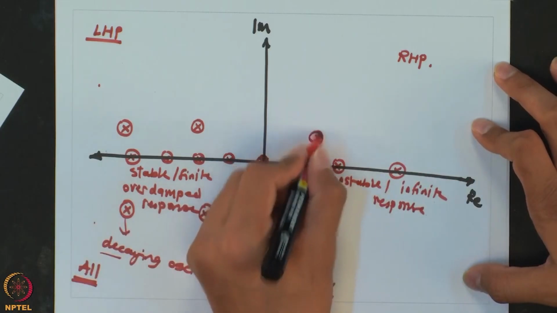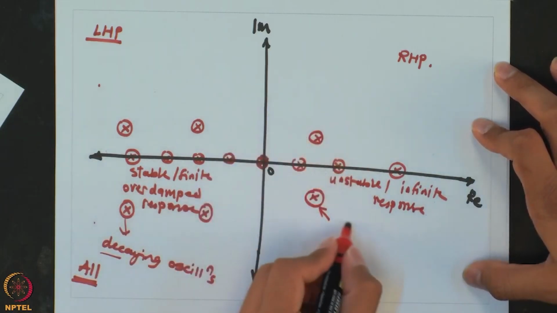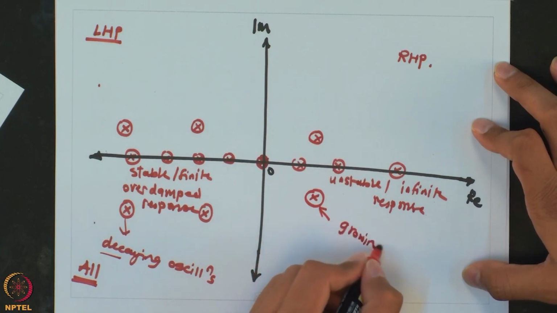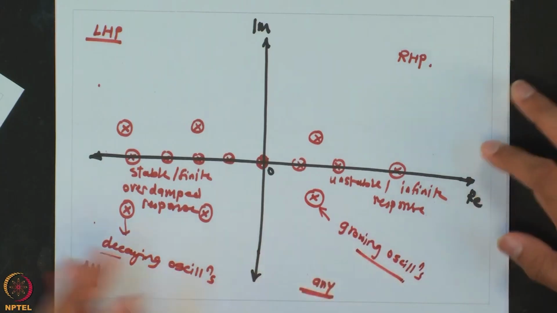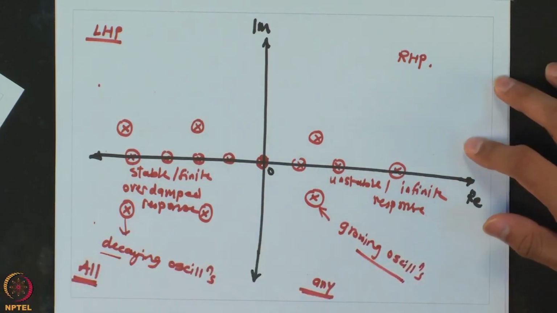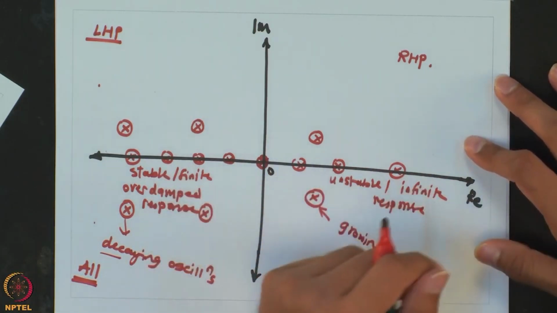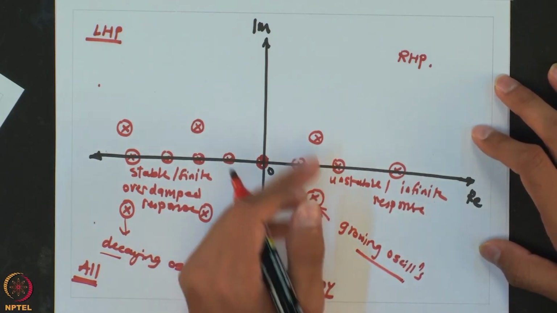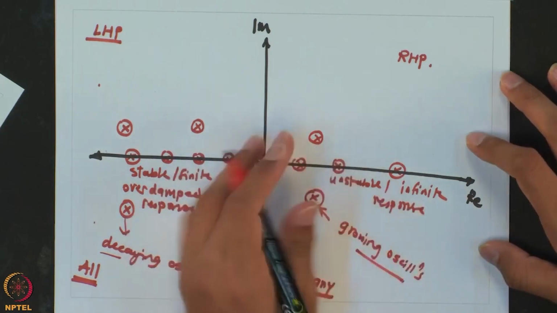Similarly, if we have some complex conjugate poles, these will give you oscillations, but these will be growing oscillations. So, the oscillation magnitude will keep on growing as a function of time, and again you will get infinite response as time t goes to infinity. So, if any pole or any pair of poles is on the right half plane, you will have such infinite or growing responses.